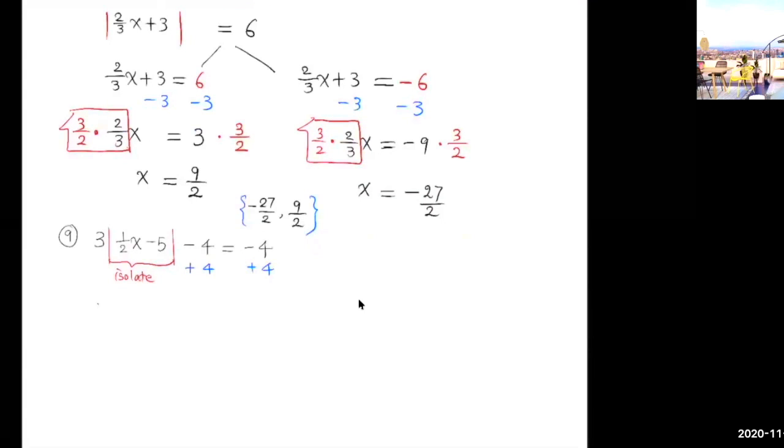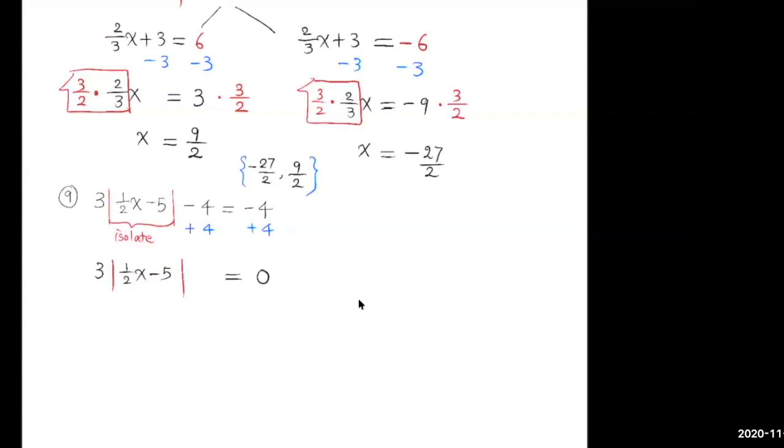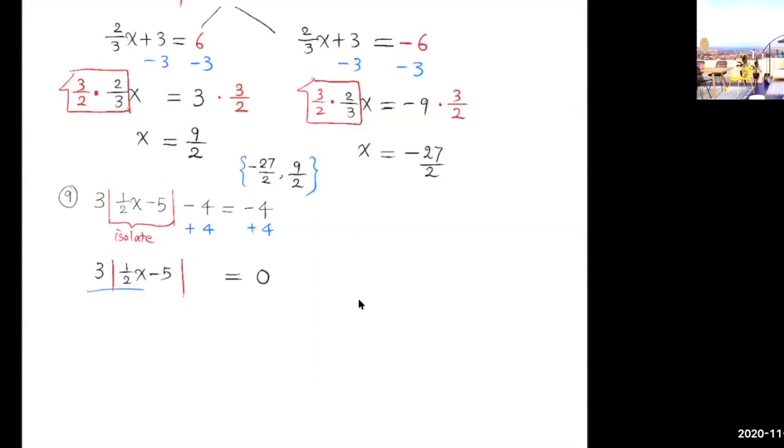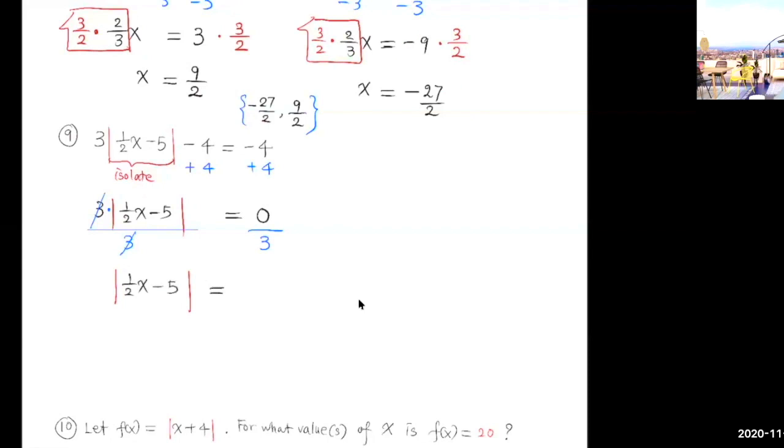So we have 3 times the absolute value of 1/2 x minus 5 equal to 0. Now what? Divide both sides by 3. So this 3 divides out. 0 divided by 3 is equal to 0. Divide among 3 people, everybody gets nothing.